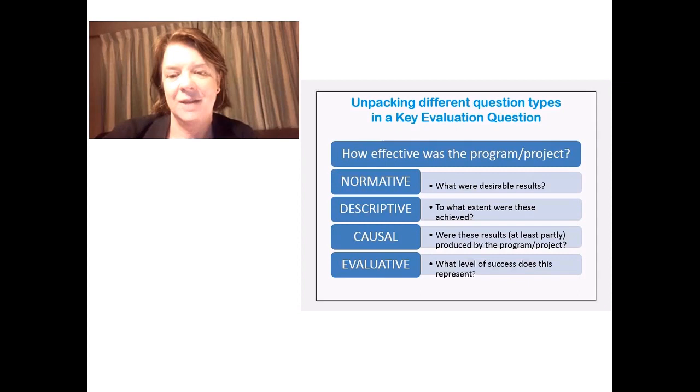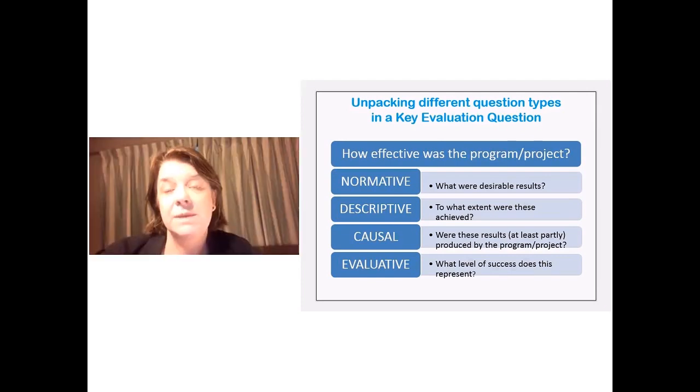Okay, so thinking about those different categories, when we then see one of your key evaluation questions, which might be something about how effective was it, you can see to answer that, you have to actually answer these different types of questions. So to be talking about how effective was it, you have to say, well, what would be a desirable result? That's your normative question. You have to have a descriptive question about, well, to what extent were these achieved?